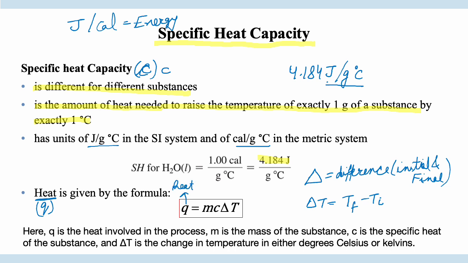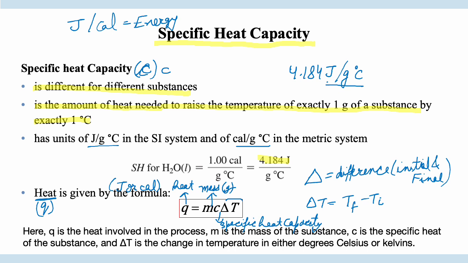Heat can have multiple units. It can be either joules or calories, kilojoules, kilocalories. m here is the mass of the substance, which is in grams. c here is the specific heat capacity, or it's also called just specific heat.